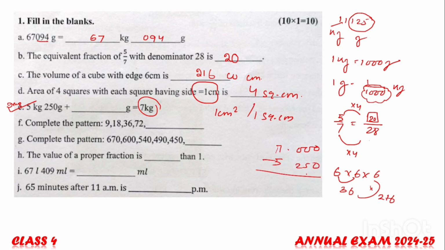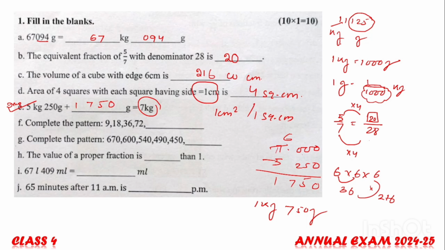Now subtract: 0 minus 0, 0, 5 minus 5, 0, 7 minus 5, 2... so the answer is 1750 gram. If the question asks 5 kg 250 gram plus dash kg dash gram, then we write 1 kg 750 gram. But here we write only in gram. That's why we write 1750 gram.